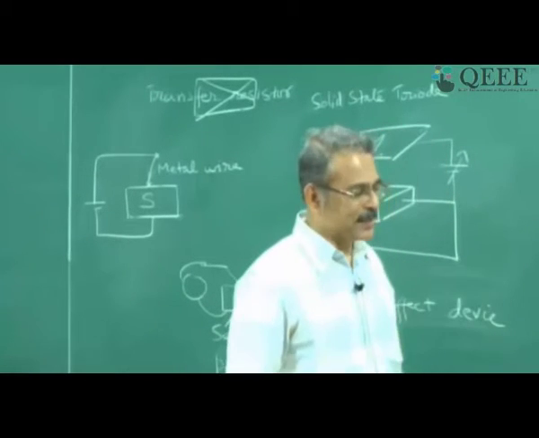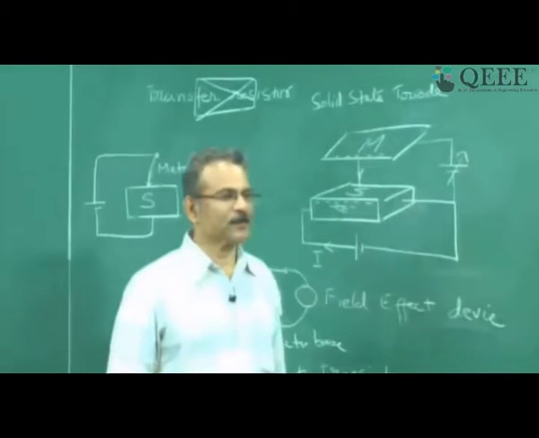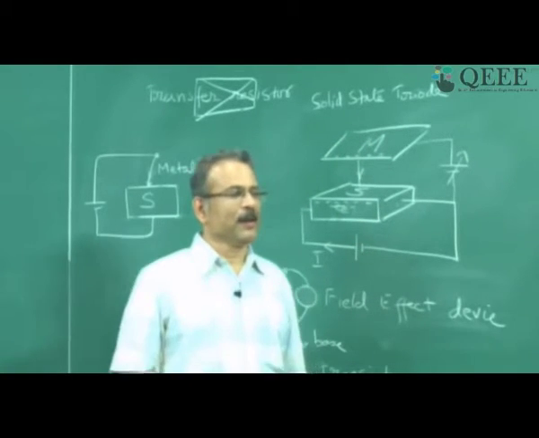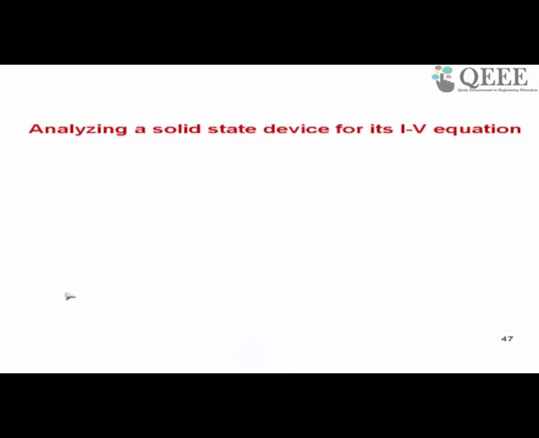Okay. So let's proceed further. How do you analyze a solid state device for its IV equation? So we are only giving the procedure. Please note, first we are giving some facts, right? And we are going to explain in detail the operation and so on, right?